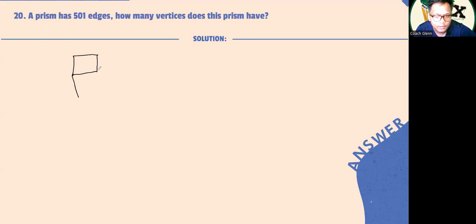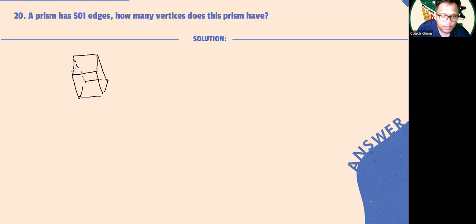It should look like this. Okay, that's what a prism would look like.